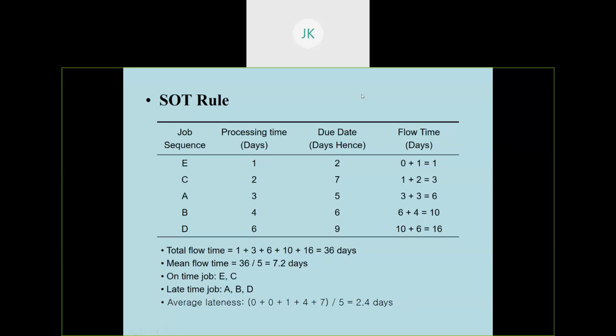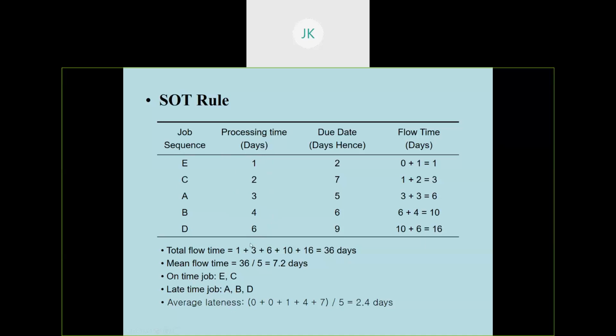If we use the SOT rule, the shortest operation time rule, among the jobs, job E has 1 day of processing time, so we take this one first, and second, third, and so on, based on the operation time or processing time.